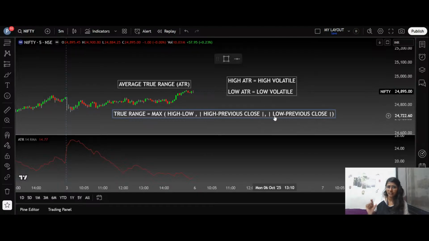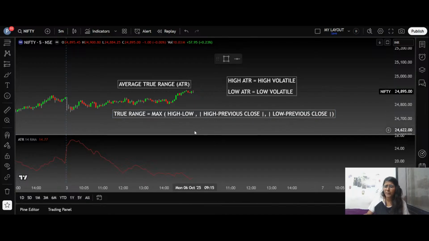To avoid a negative range, I put a mod here and here so that all these terms are positive. High minus low is obviously positive. This term is inside a mod, so it will also be positive, and this term is also inside a mod, so it will also be positive.